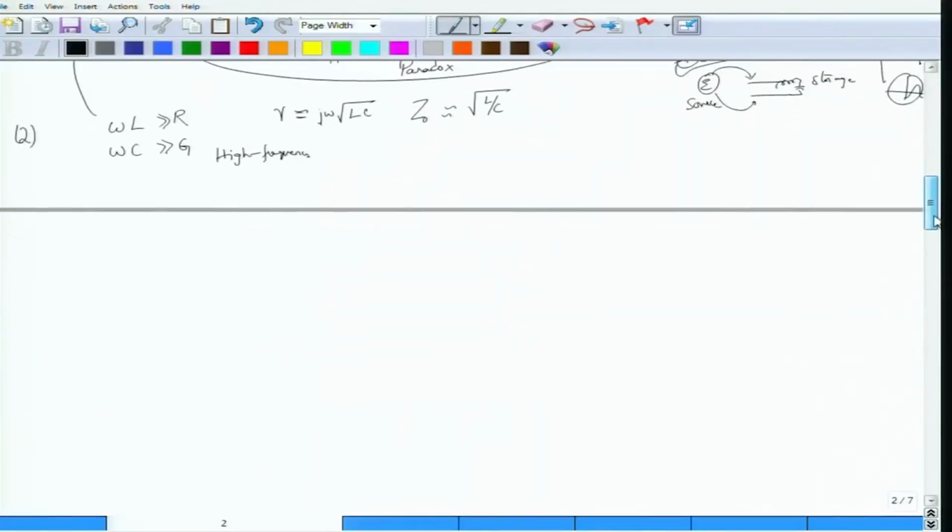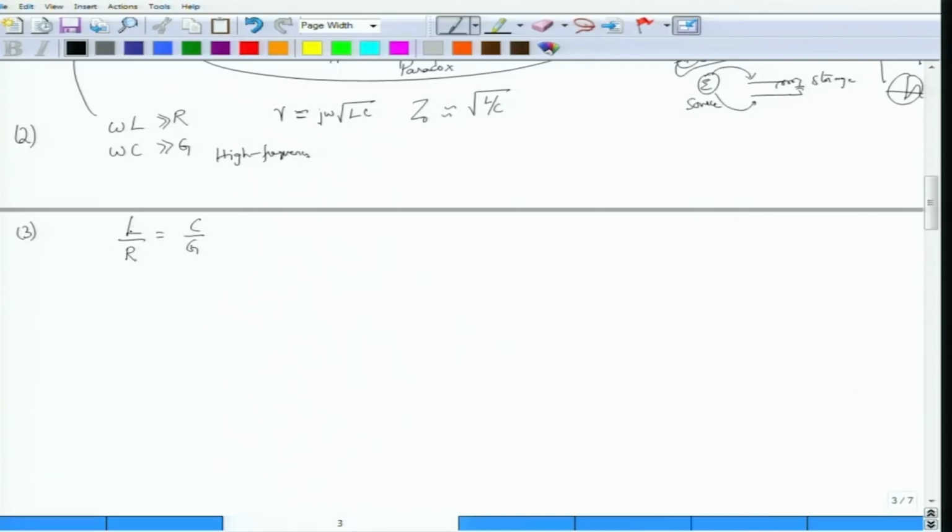In practice, you do not really get such nice high frequency lines, or although you do get high frequency lines, you cannot completely ignore R and G. But there is another condition called Heaviside's condition, which is slightly interesting because you actually adjust the transmission line parameters in such a way that L by R equals C by G. Do you recall what L by R is?